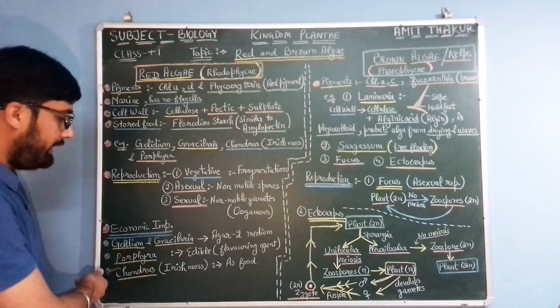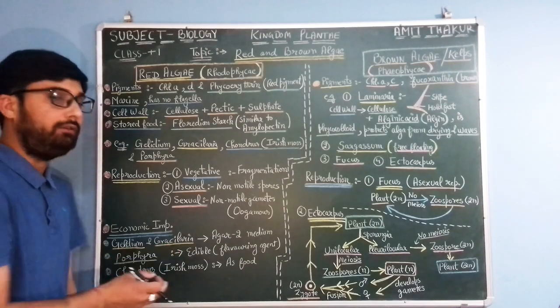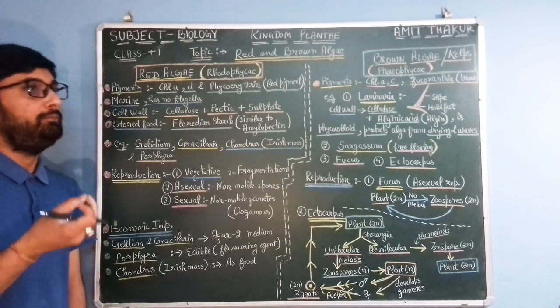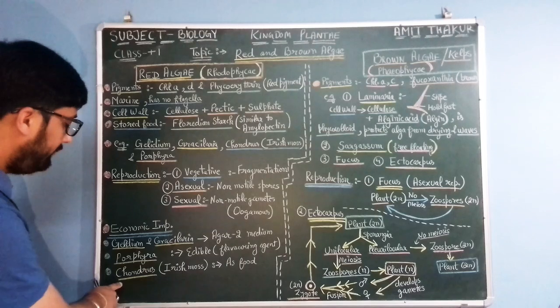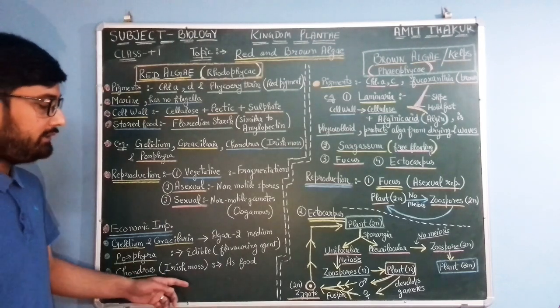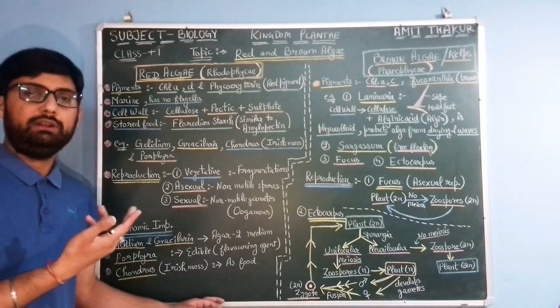Then Porphyra is also edible in nature, and it is used as a flavoring agent in various packaged foods. Chondrus, which is also known as Irish moss, is used as food in northern European countries.